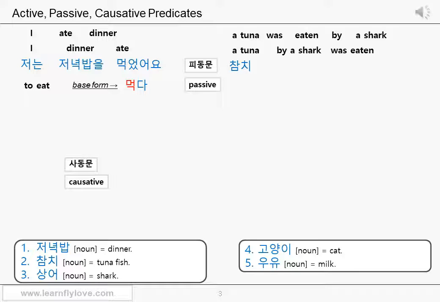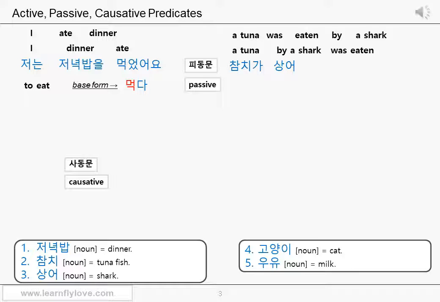A tuna is 참치 in Korean. Let's use the subject particle 가. Because if you use the auxiliary particle 는, it could imply the nuance that there are also other fish which weren't eaten by a shark, even though there is a possibility. It adds the nuance of comparing. Okay? 참치가.